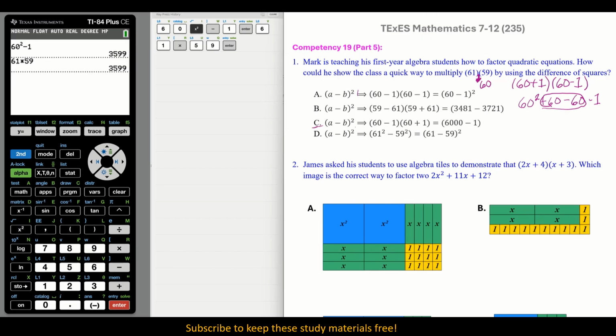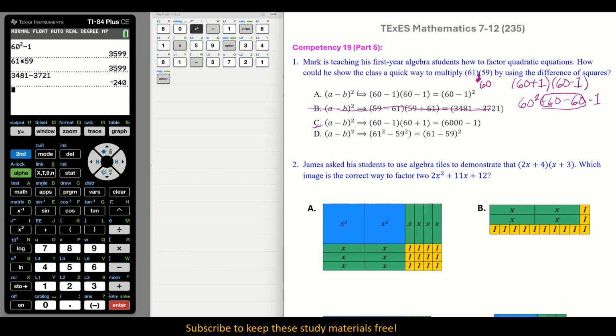Well, that's C. B doesn't make sense because when you multiply that out, that's just not going to be right. I can tell by looking at it. Here, let me show you what B would look like. You can put that in a calculator for yourself and take a look. If we subtract out what they have there, that makes no sense whatsoever. So B has to go.